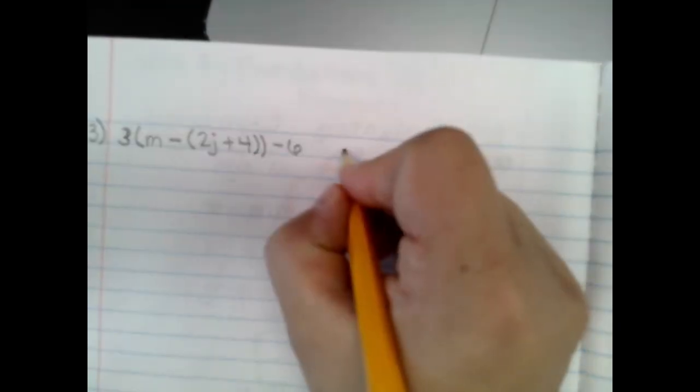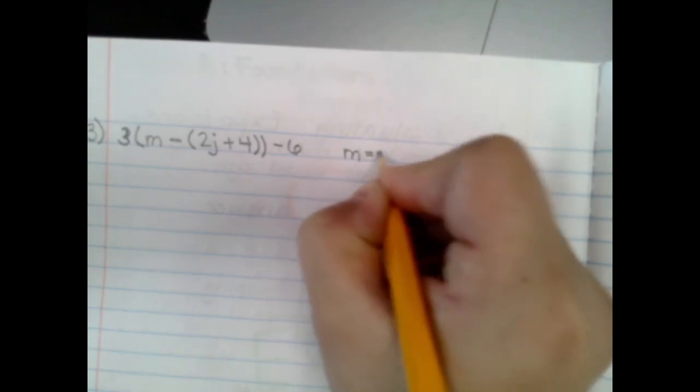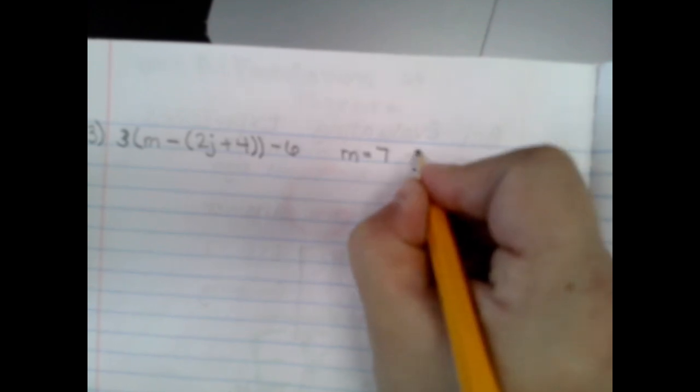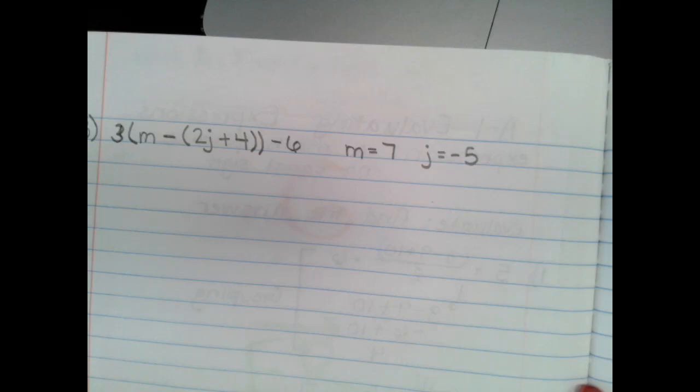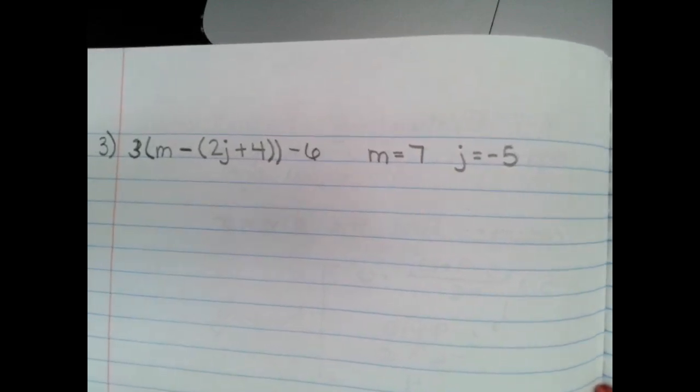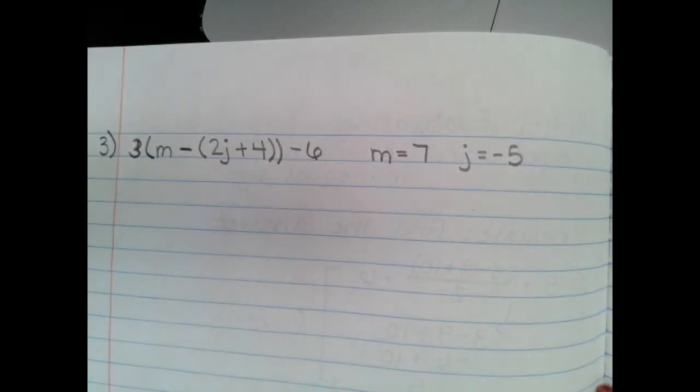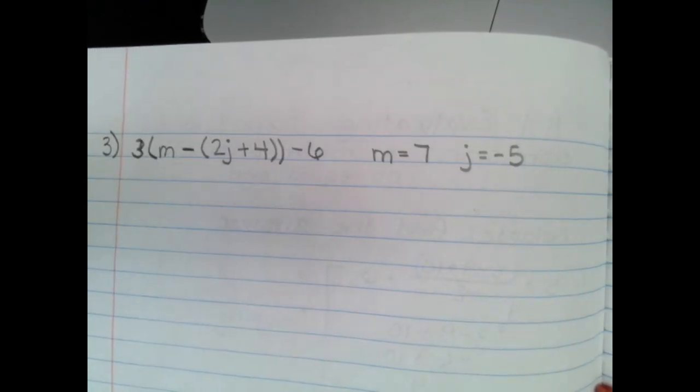We're going to say m is 7 and j is negative 5. So double check that you have that written down correctly, because if you have a little mistake, you're probably going to end up with a different answer than we do.